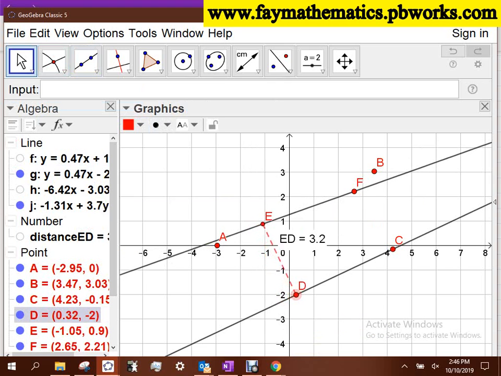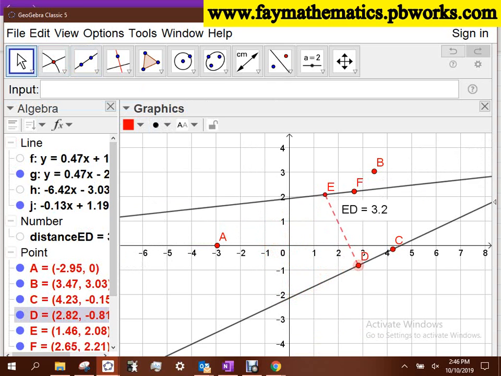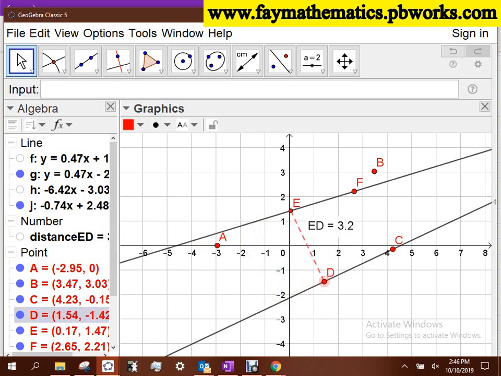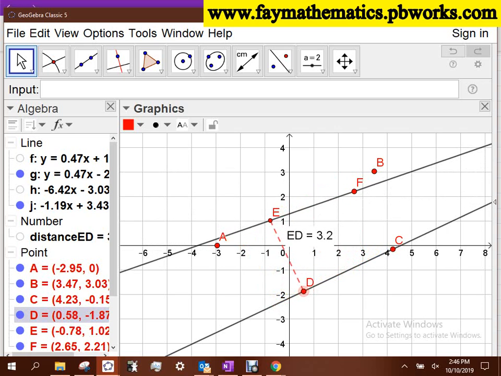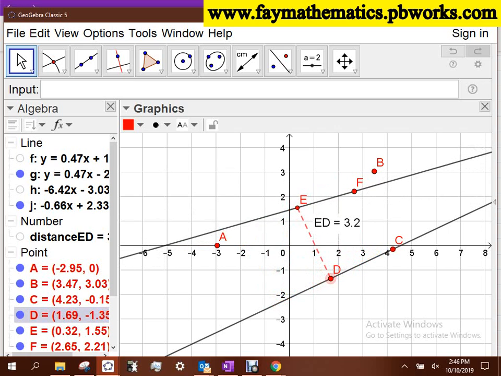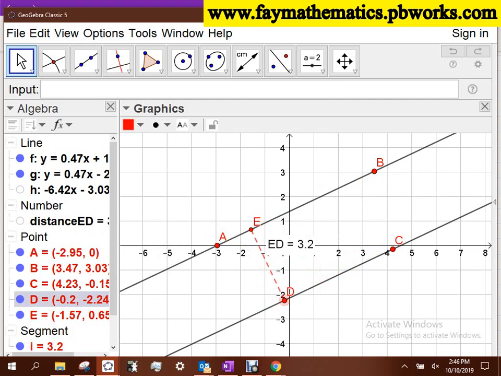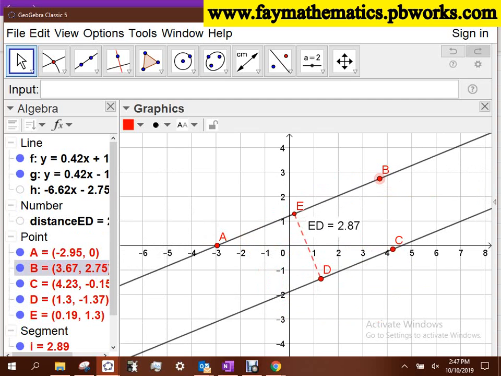Now as I move, it's messing the line up too. It's not doing what I want it to do. I want this line to not be parallel, and then you would see that distance is going to change, right? At 2.89 right now, it would change as I move it through.